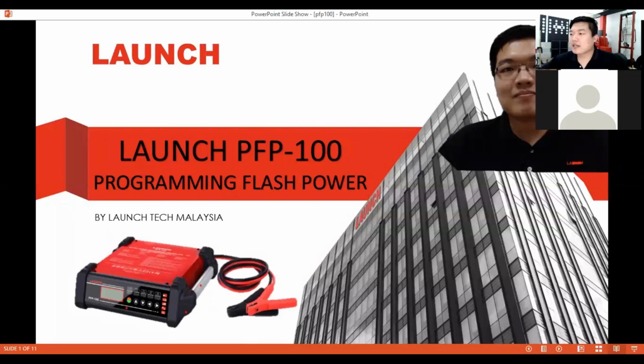So let's start with this introduction. This is the launch of the PFP-100, a programming tool. But it's not just for programming. It also works as a normal charger, with other accessories, and for showroom users.